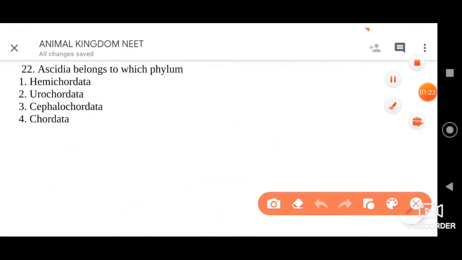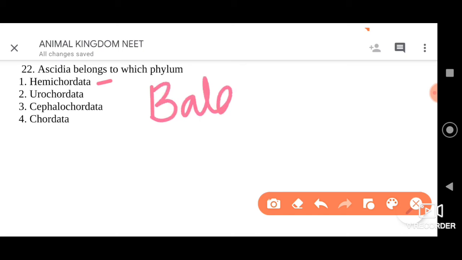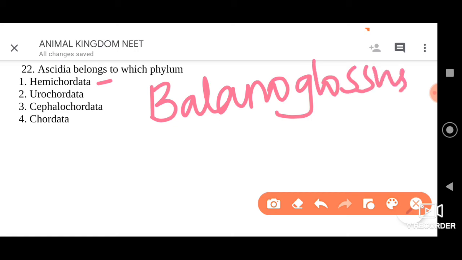Now let us understand. Hemichordata was a phylum which was considered as under the chordates, but now it is separated. It is considered as a non-vertebrate phylum. For example, Balanoglossus is the best example, where we can find notochord only in some part of the anterior body, that's all, and not in the other portions.